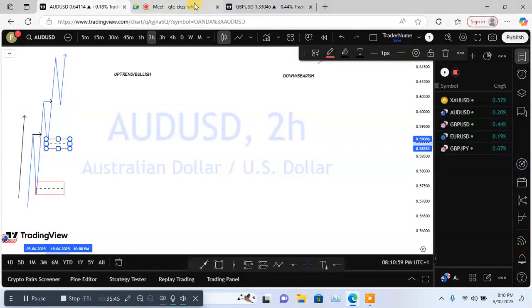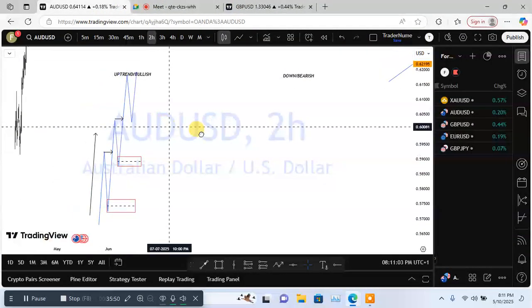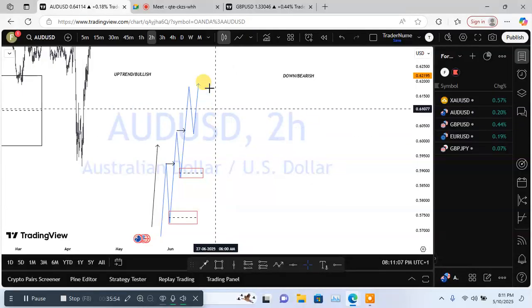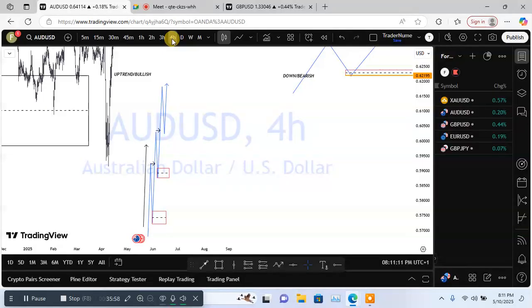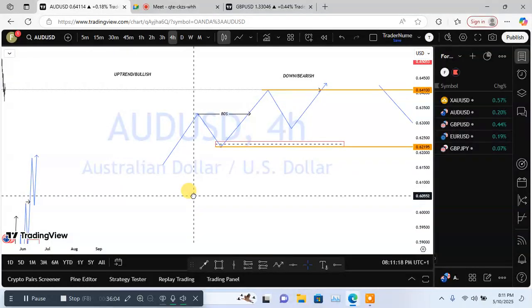If you don't know how to mark your market structure, you have to know it, because that's what will tell you whether market is going up or market is going down, and we use the higher time frame to determine market movement, to determine price movement. So that is it. We use the higher time frame to determine it.